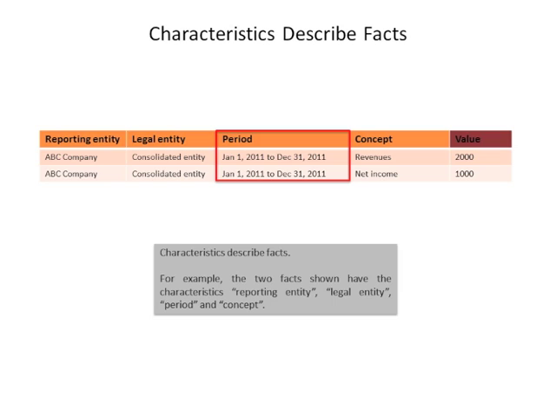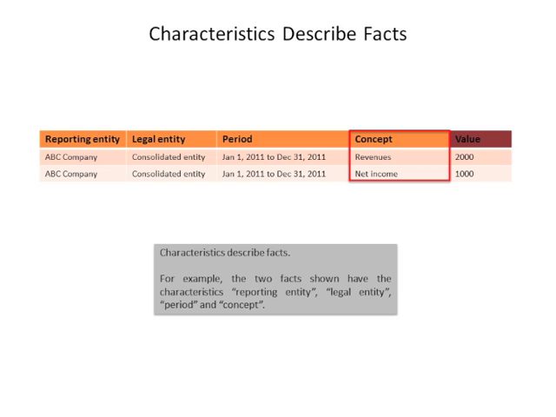Both facts have the same period. The only thing that differentiates these two facts is the concept. One fact has the concept revenues, the other has the concept net income. That shows you how the facts, which have the values of 2,000 and 1,000, are described by the characteristics.